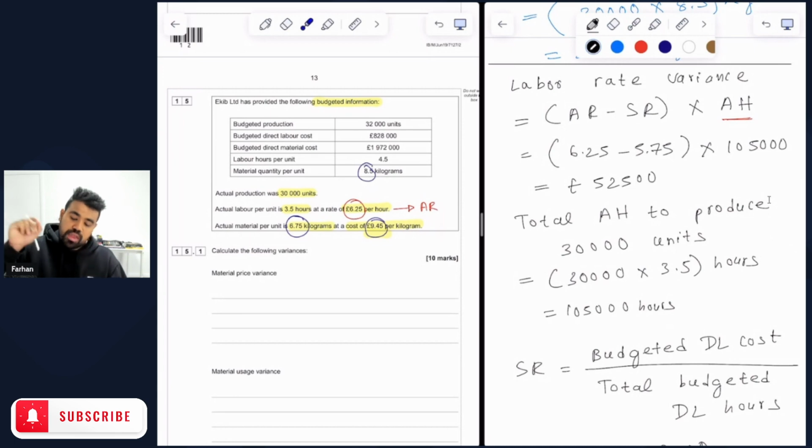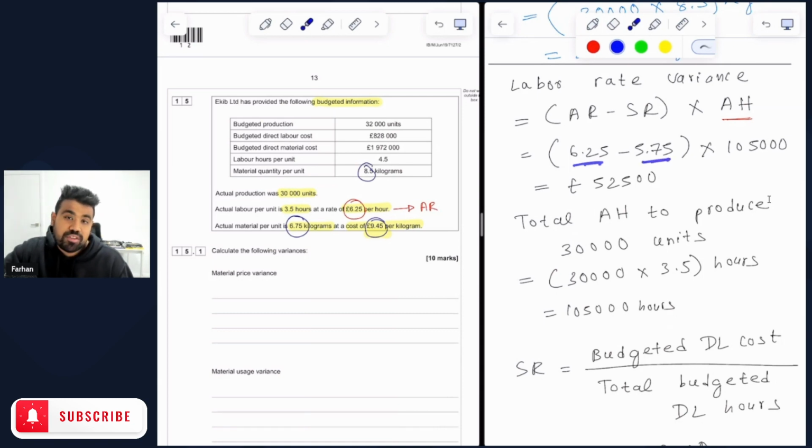Now I need you to think and tell me whether this is adverse or favorable. If you got the answer correct, you would mention it to be adverse. And why is it adverse? This is because if you check the actual rate, it's 6.25 pounds, which is higher compared to the standard rate of 5.75 pounds.